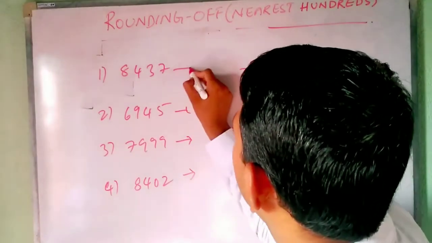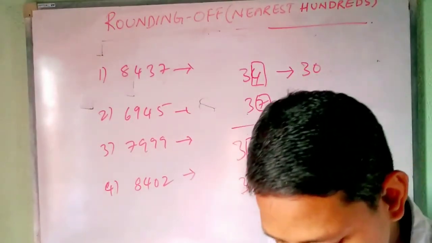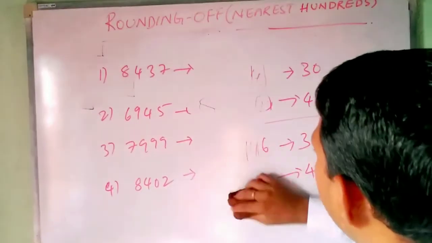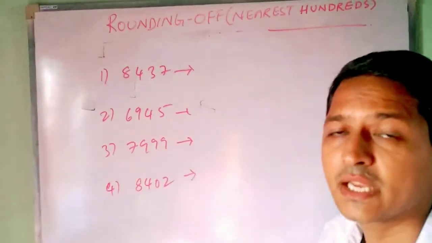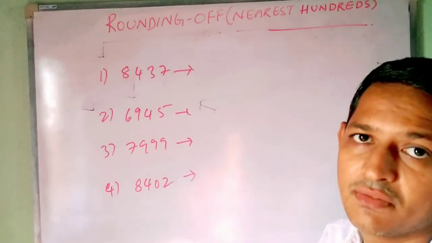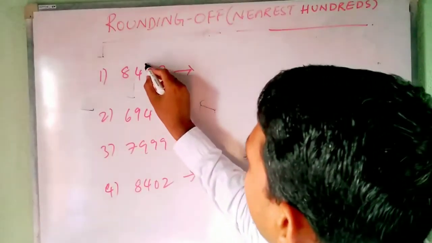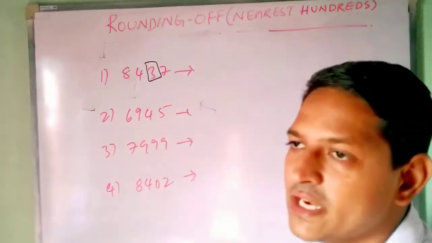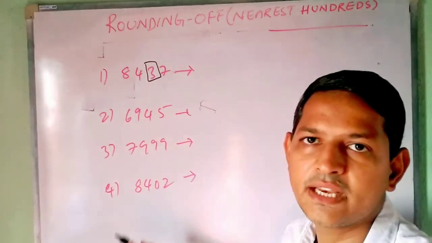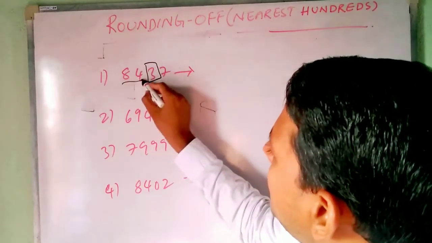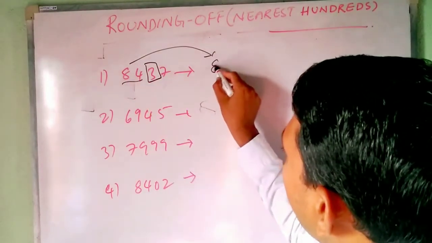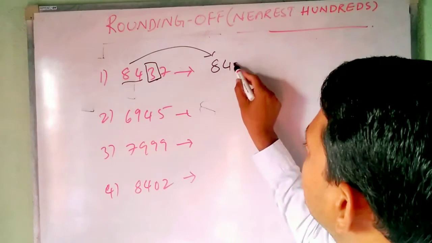When rounding off to the nearest 100, we should see the digit in tens place. In the first, the tens digit is 3, which is less than 5. So the same number will be written here and we place both zeros.